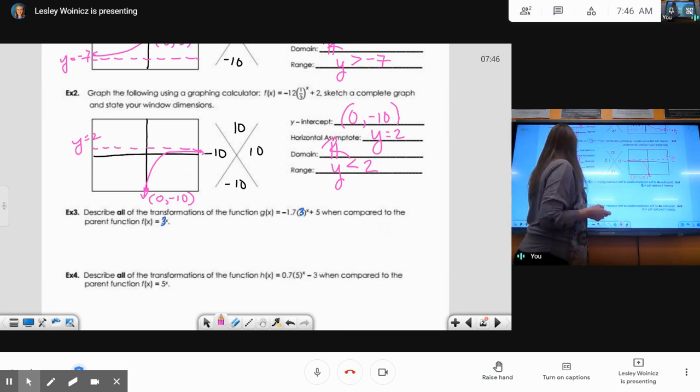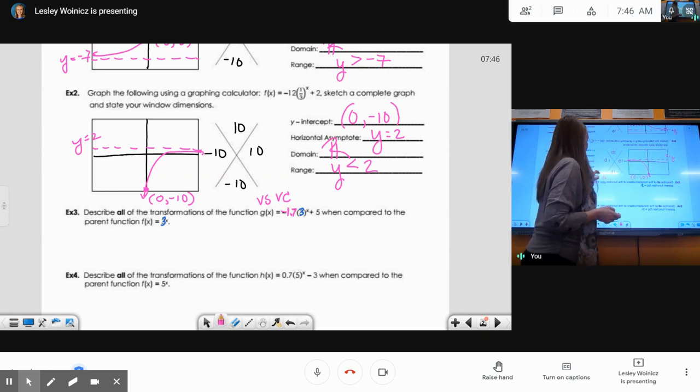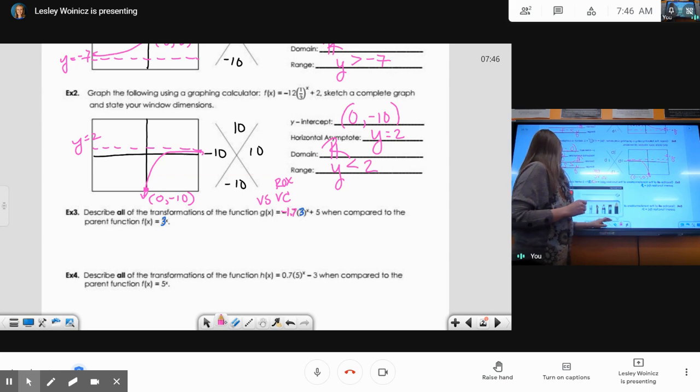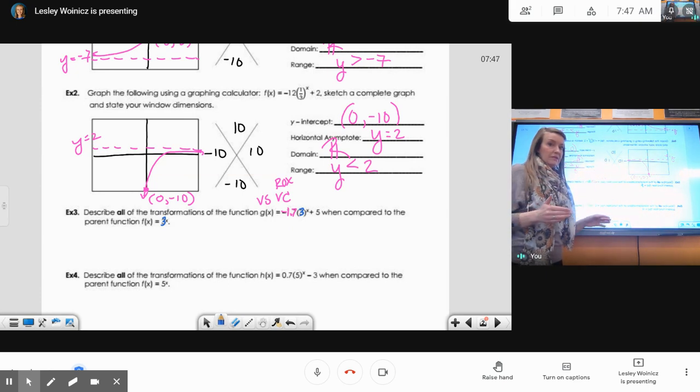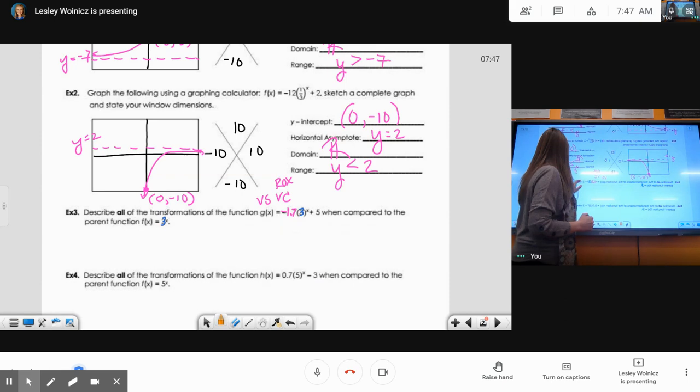What we remember is that the a value is in charge of vertical stretching and vertical compressing, and the a value also does a reflection if it's negative. The base is in charge of growth or decay, but that's not a transformation. That's just part of the base. And then the plus 5 is my shift.